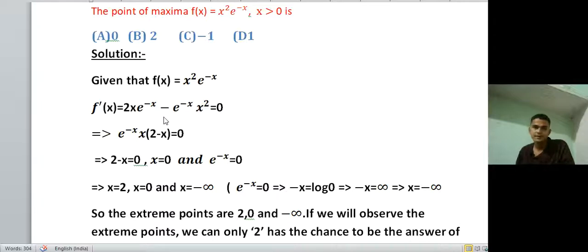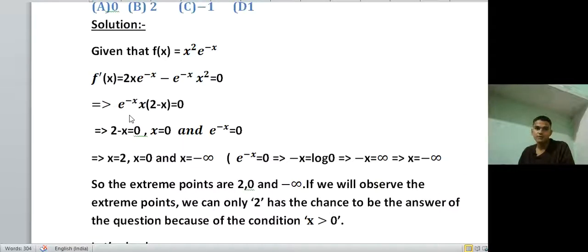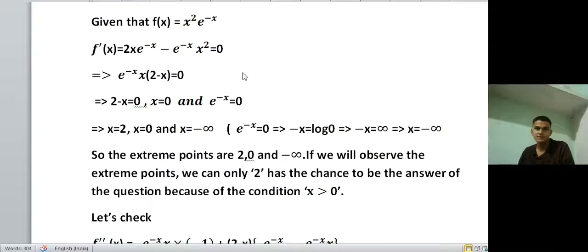Okay, then you can see this is e to the power minus x into 2x, and this is minus e to the power minus x into x squared. We can take e to the power minus x into x as common, and in the bracket there will be 2 minus x. Then we will solve this equation and find the value of x.